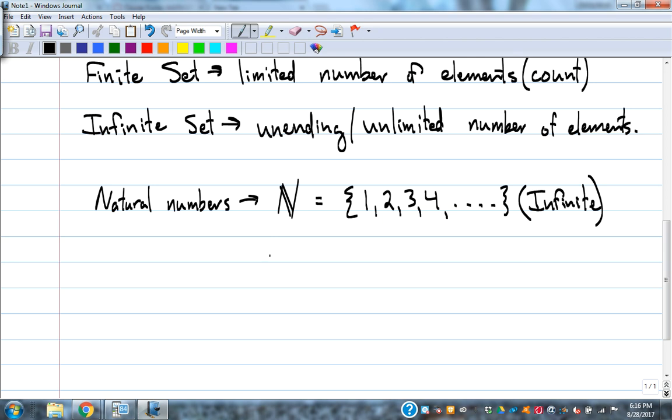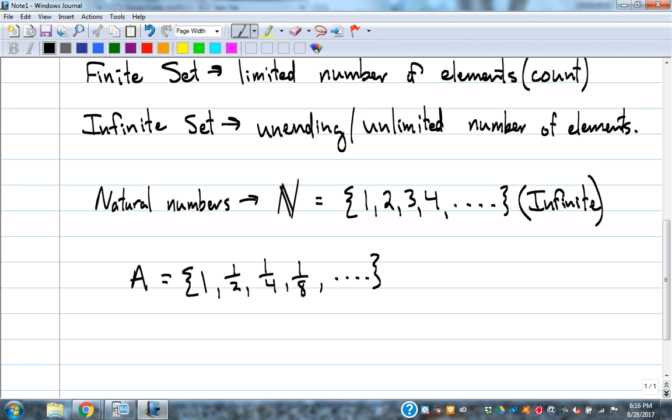Let's look at this set of numbers. This is not a particular named set. We'll just call it set A: 1, 1/2, 1/4, 1/8. Is set A finite or infinite?